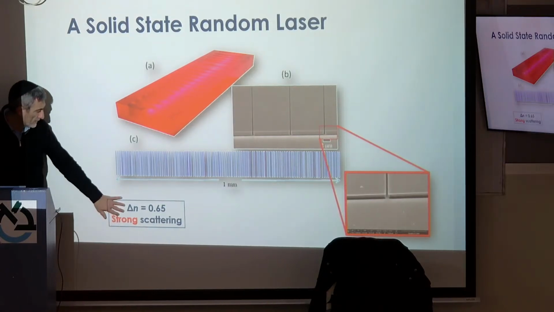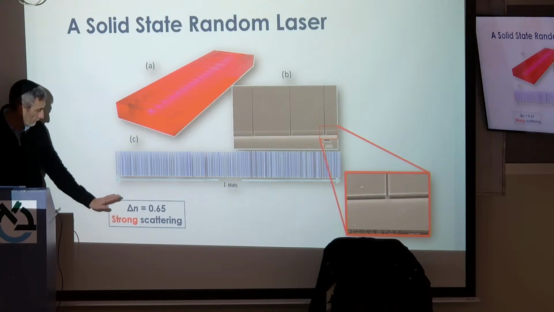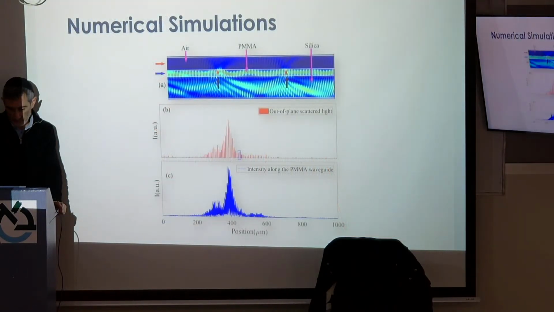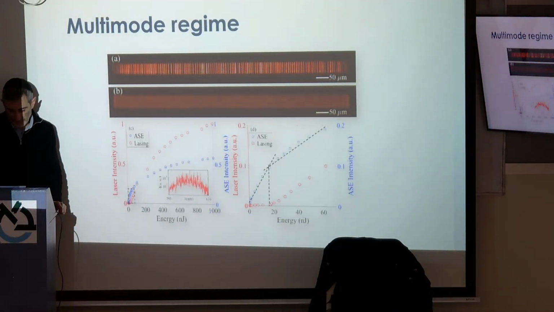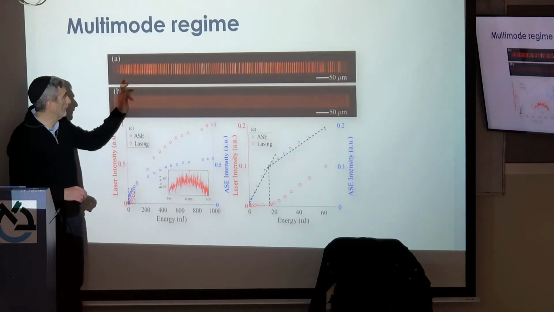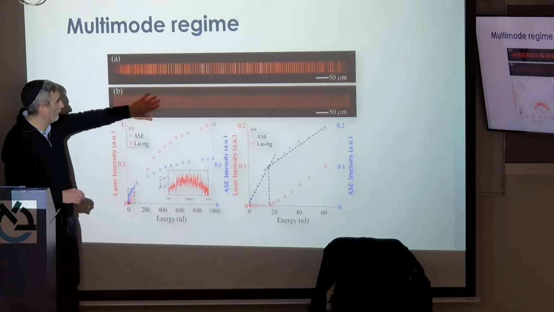The index contrast is not very strong, but enough to see localization. You can show numerically that you have localized states inside the system. I skip that. When you pump the system, that's below threshold.